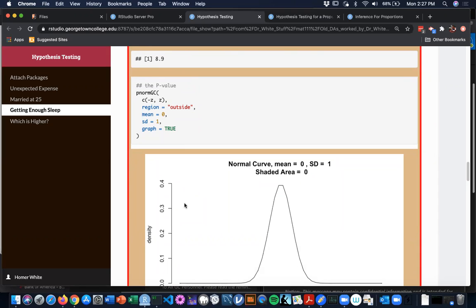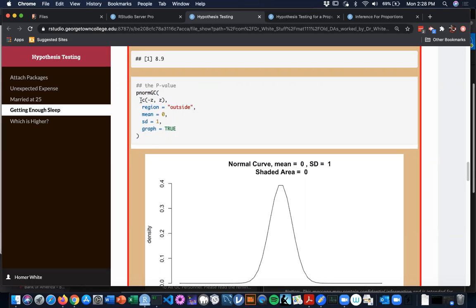I think we're more likely to be struck by an asteroid in the next 10 years than to get a z-score that high if the null is right. Well, what is the chance of getting a z-score at least that high? That's the p-value. If the null is right, what's the chance of getting a z-score that is that far away? Well, or further.